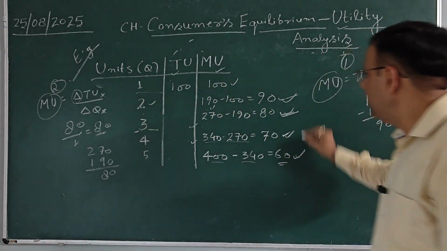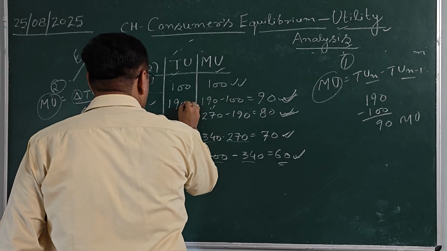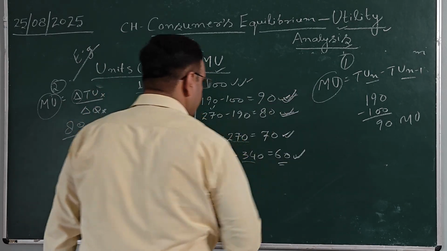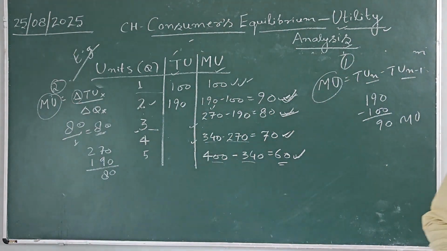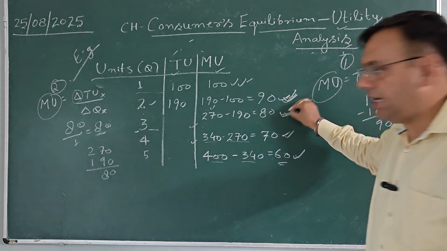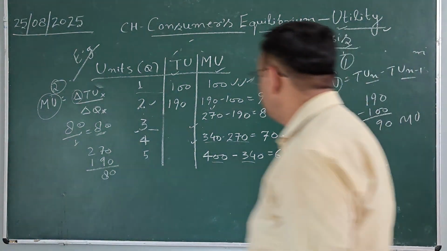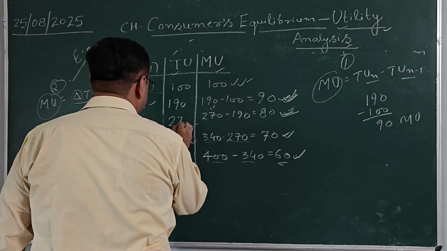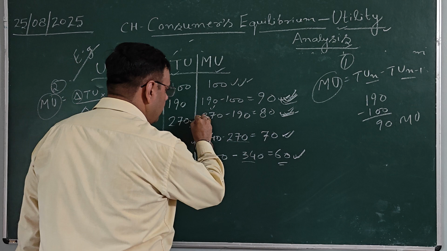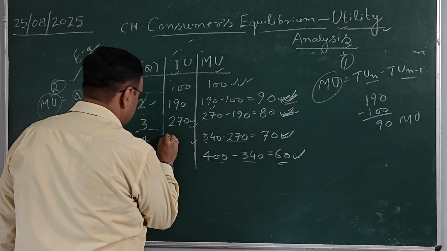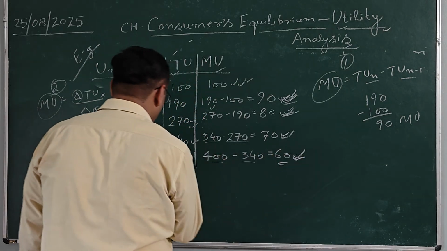First is the same. 100 and 90 is 190. Then 190 and 80 is 270. 270 and 70 is 340. 340 and 60 is 400.